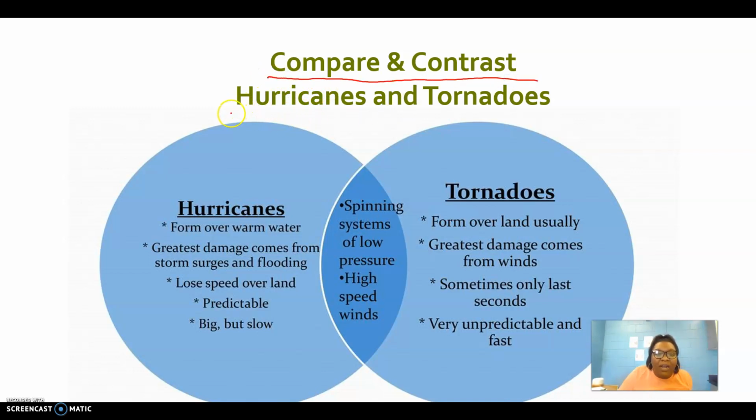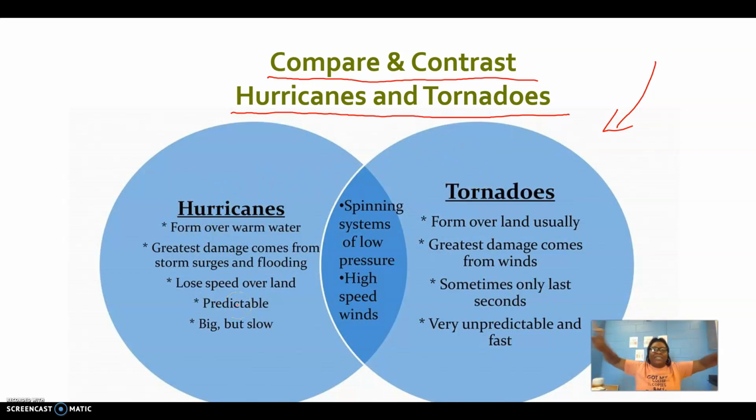So let's compare and contrast hurricanes and tornadoes. Please draw this Venn diagram, please. So hurricanes and tornadoes. Hurricanes on their own, remember we put the different characteristics that they don't share in their own unique bubbles. And then where the two bubbles intersect, these are the characteristics that both of these severe weather systems share.